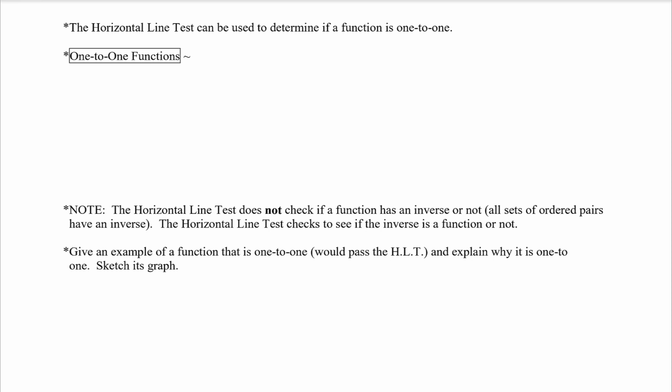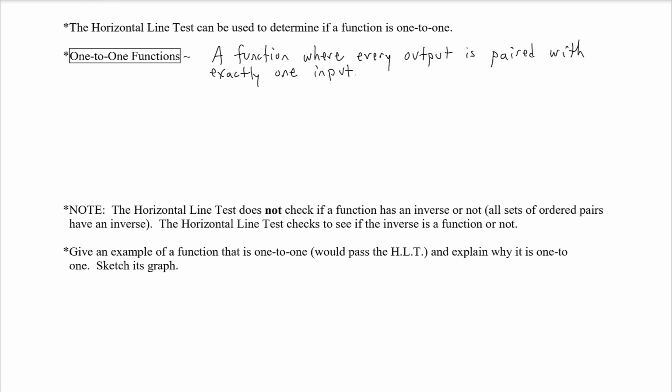Well, that brings us to a definition. So the horizontal line test can be used to determine if a function is one-to-one. So what is a one-to-one function? It's a function where every output is paired with exactly one input.